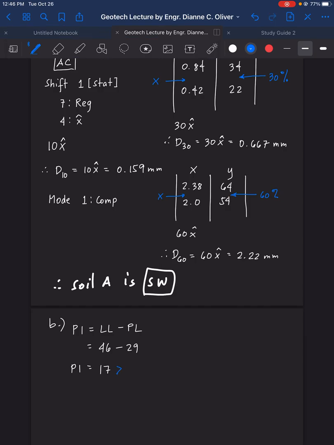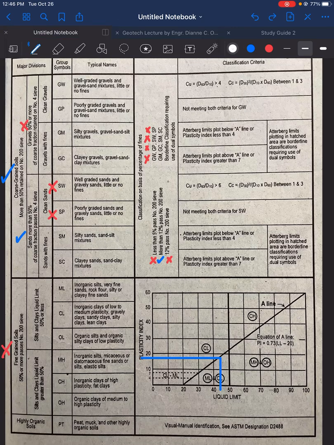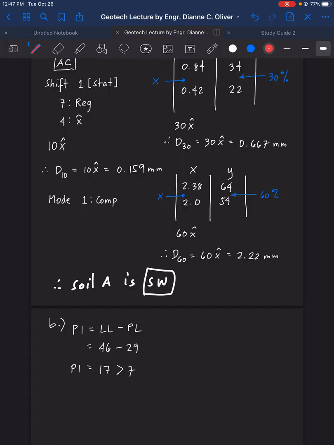It is greater than 7. So if it is greater than 7, therefore the classification is SC. So the answer here is SC and not SM.